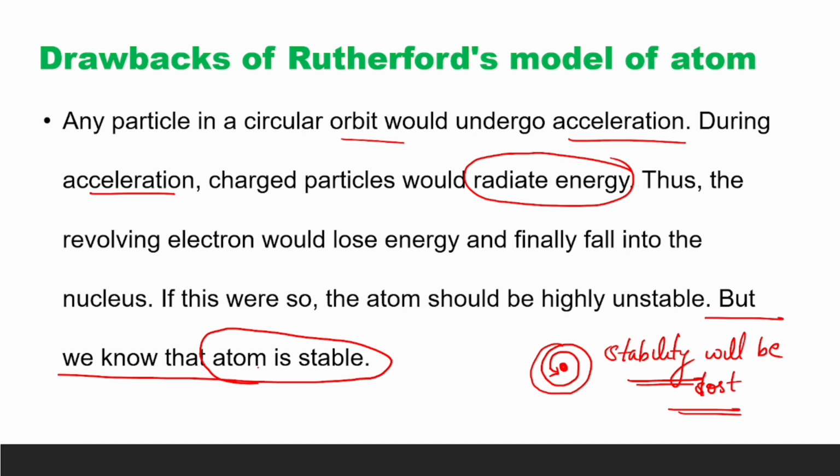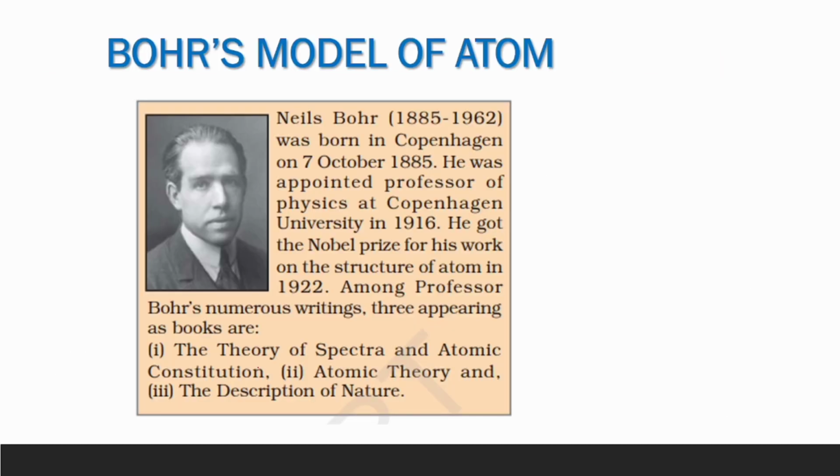Due to these limitations, the next model came, that is Bohr's atom model. The model was proposed by the scientist Niels Bohr in 1885. He got the Nobel Prize for his work on the structure of atom.